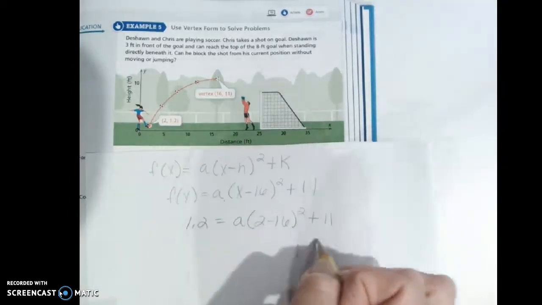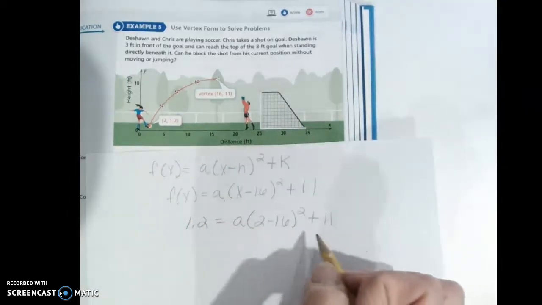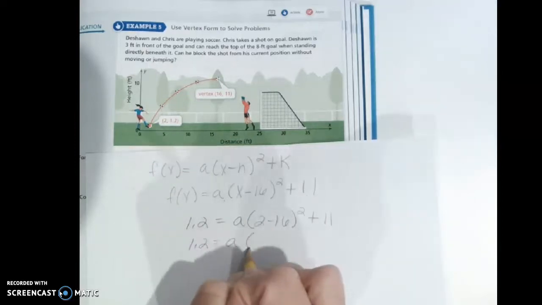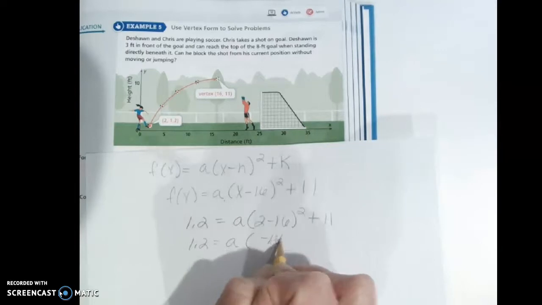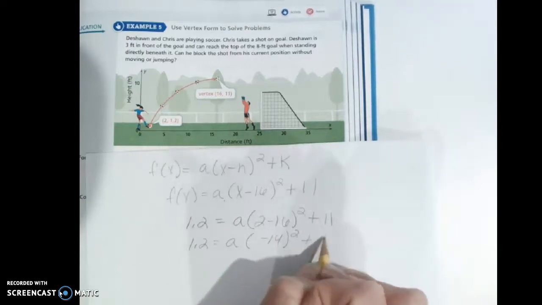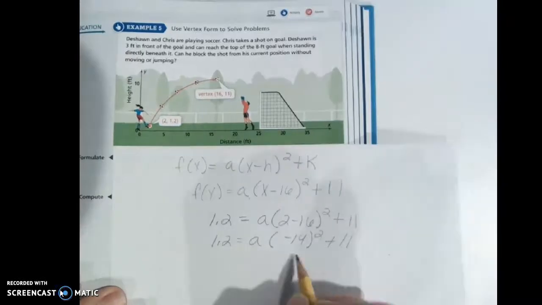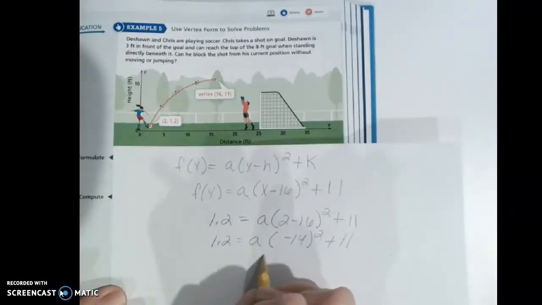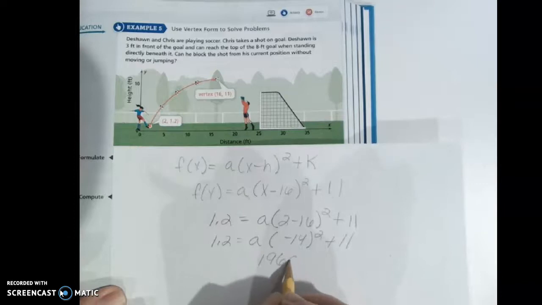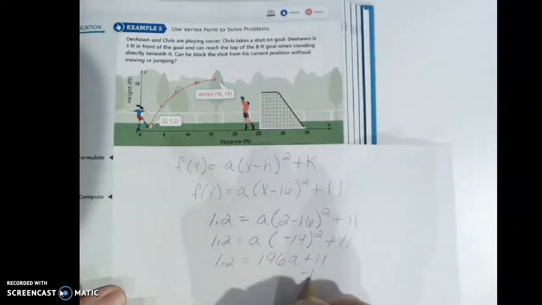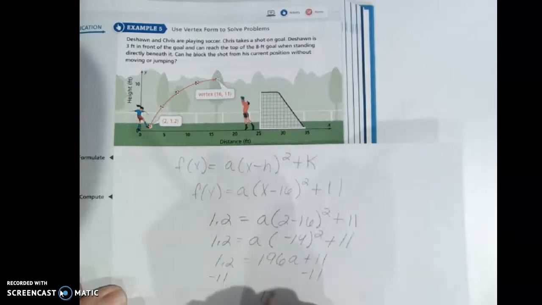I'm going to have to probably go get a calculator in order to finish this. So I have 1.2 is equal to a times (negative 14) squared plus 11. When I square negative 14, I have 196a plus 11 is equal to 1.2. I'm going to subtract 11 from both sides.